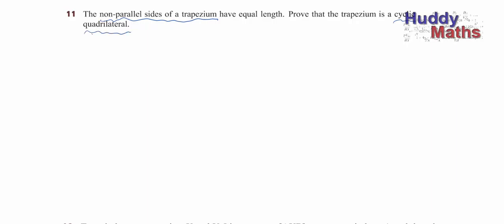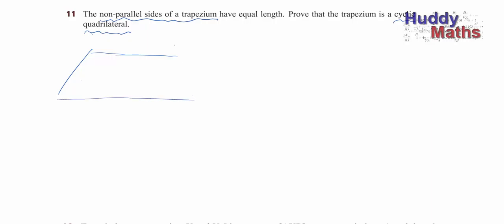All right, so quite often they give you a diagram, but here, unfortunately, they're not. So let's try and draw the diagram ourselves. Let's draw a trapezium with opposite sides parallel, sorry, and non-parallel sides equal.